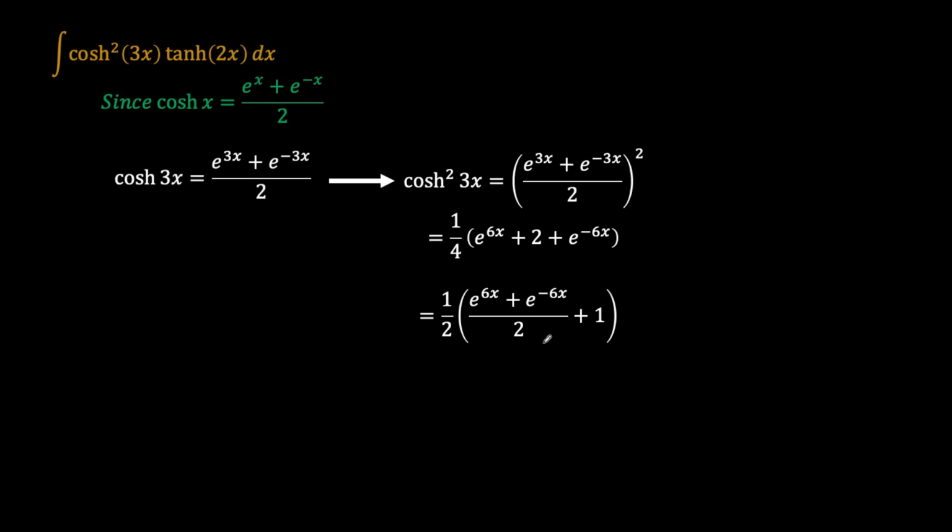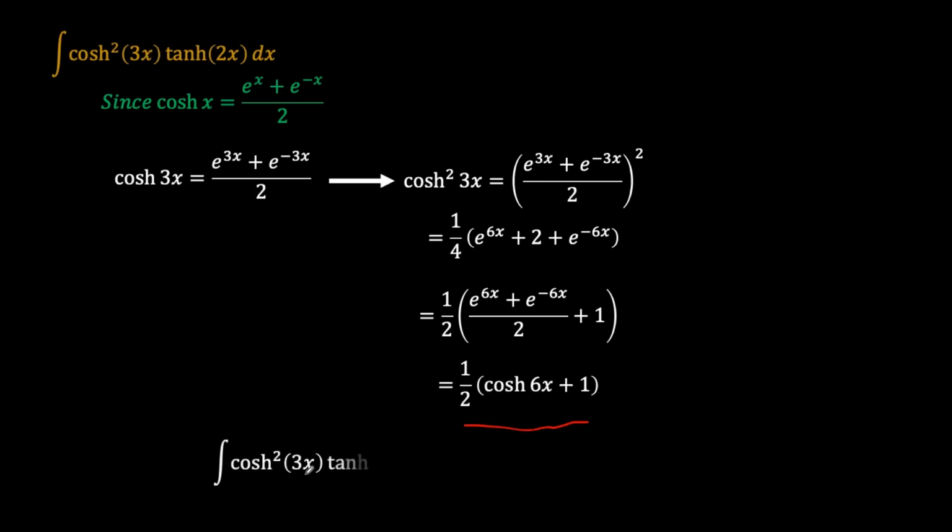We now get a representation of cosh 6x plus 1. So a half of (cosh 6x plus 1) is the same as cosh squared 3x. So we can now bring this into our integration.